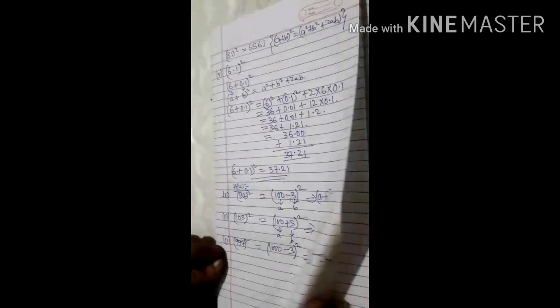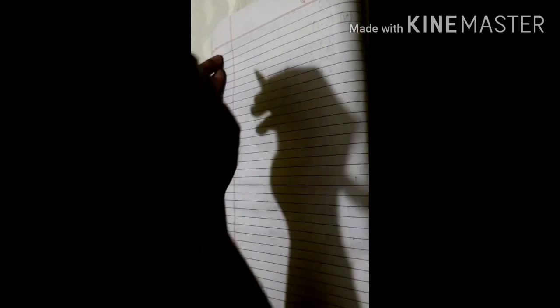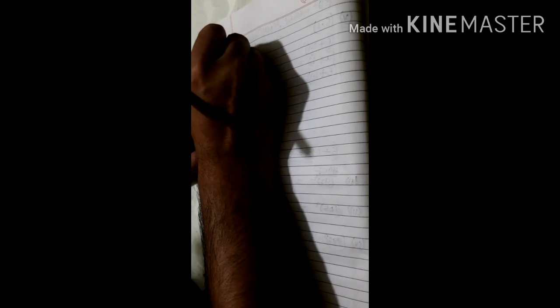Let us quickly go ahead and solve a question wherein you will see the application of A plus B into A minus B. For this I will take question number 2 Roman 6. So these are all from the same exercise 10.5.